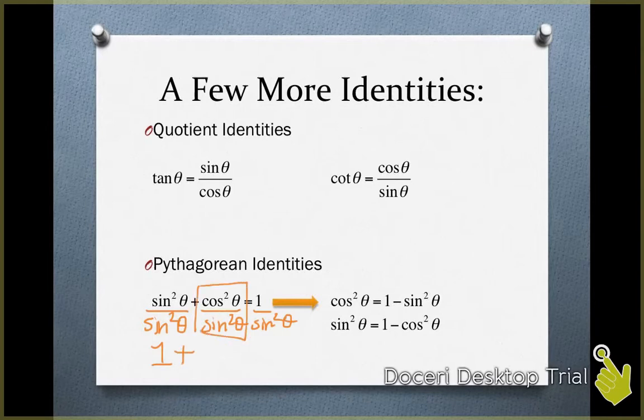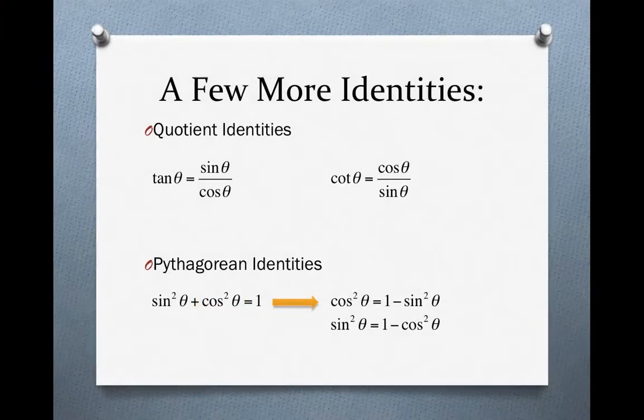This cosine squared over sine squared becomes cotangent squared using our quotient identity from up here. And then 1 over sine squared becomes cosecant squared of x. And so this becomes another form of the Pythagorean identity that can be used with other trig functions in it: 1 plus cotangent squared equals cosecant squared.